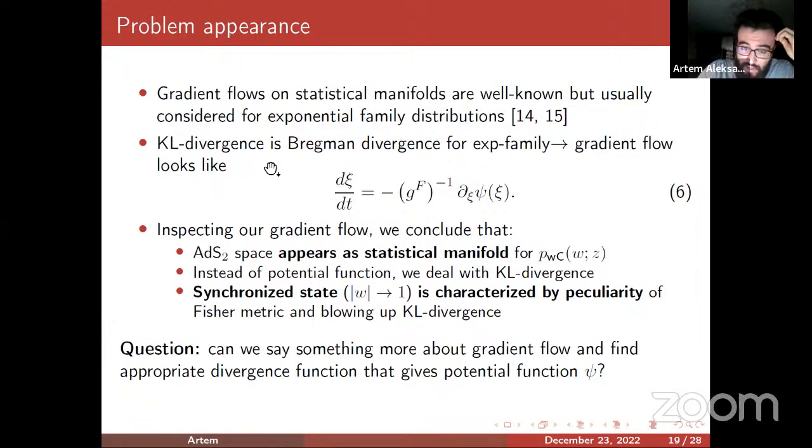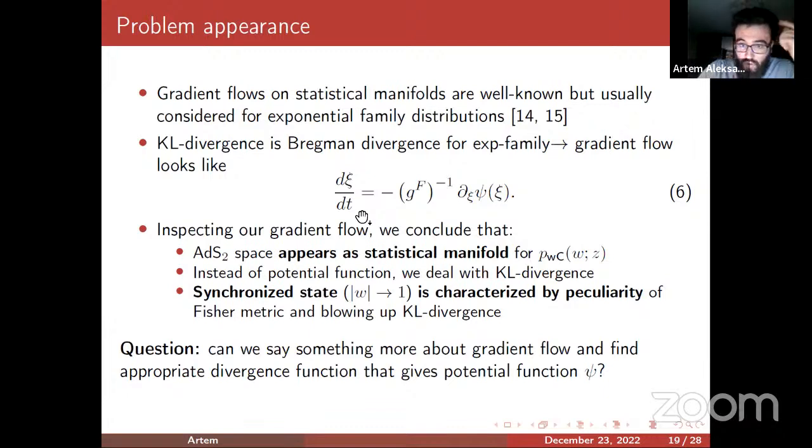And the Kullback-Leibler divergence is the Bregman divergence for exponential family distributions. It means that we can find the potential function psi, and we can rewrite the gradient flow on the statistical manifold, which is formed by exponential distributions, in the following way.